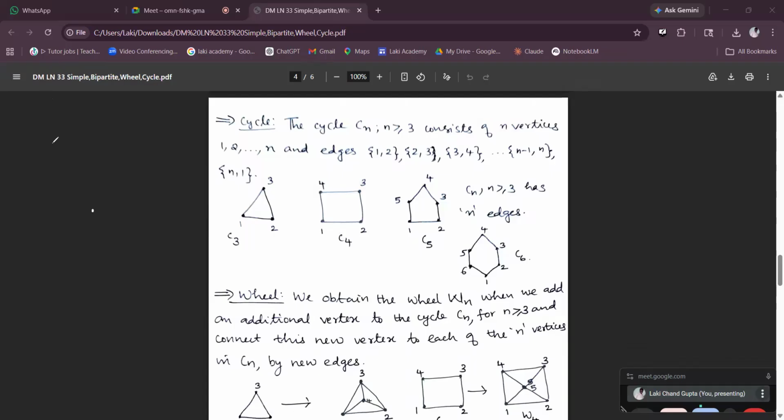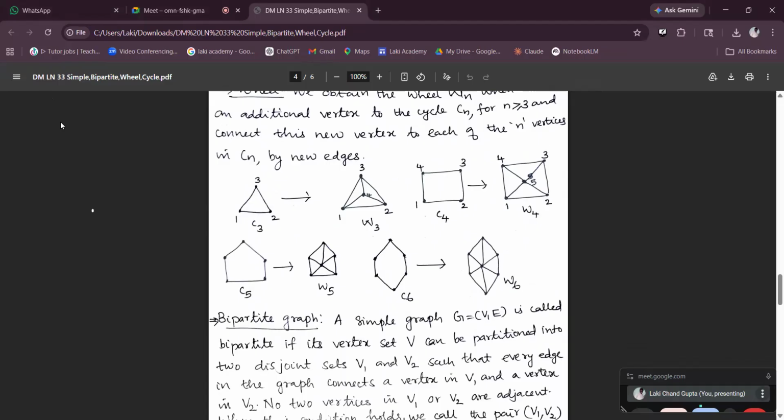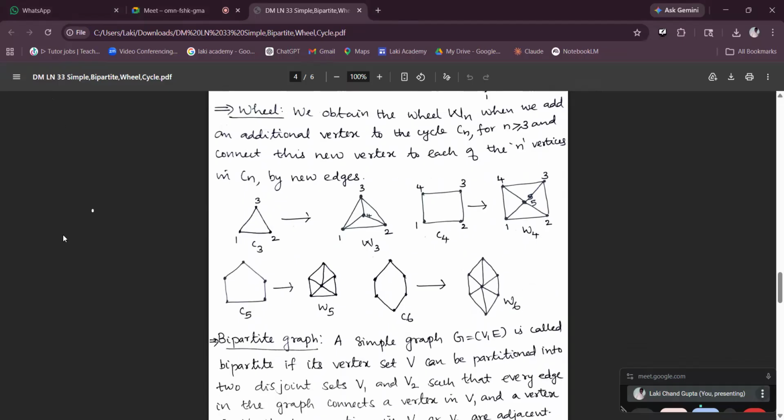Next is wheel. What is wheel? Wheel is represented by Wn.